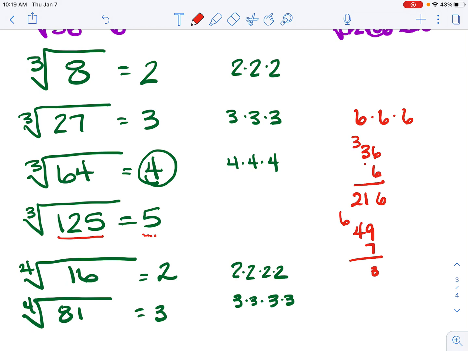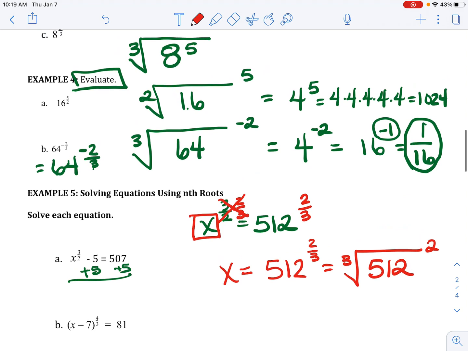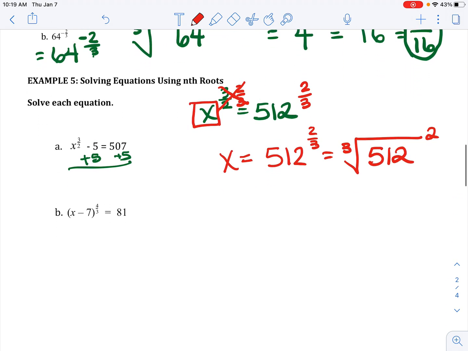That's 63, carry a 6. 343. Okay, not there yet. 64 times 8. That's 32, carry a 3. 512. Yay! So the cube root of 512 we just determined was 8. And 8 squared is 64. So x is equal to 64.